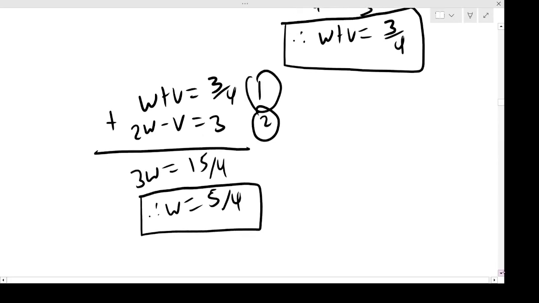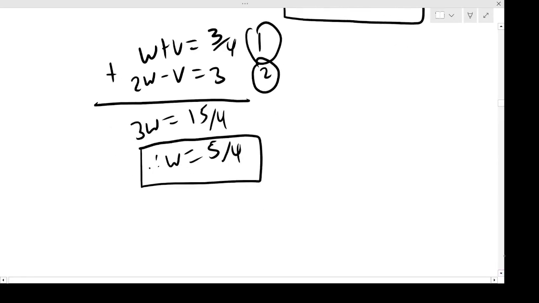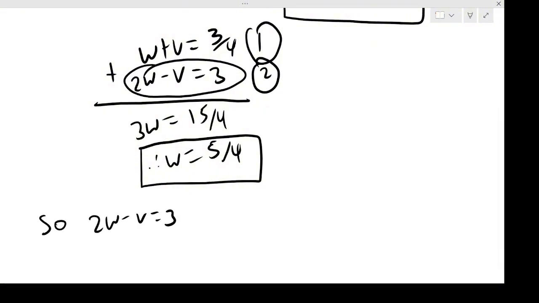Then I can find V by substituting W back into one of the equations. Let's say substitute it into here. So 2W minus V is 3. Therefore, 2 lots of 5/4 minus V is 3.